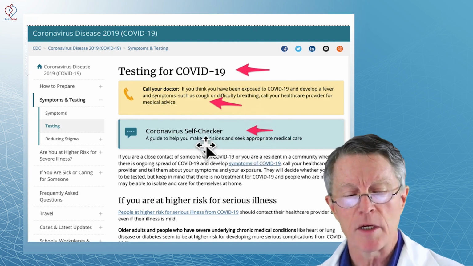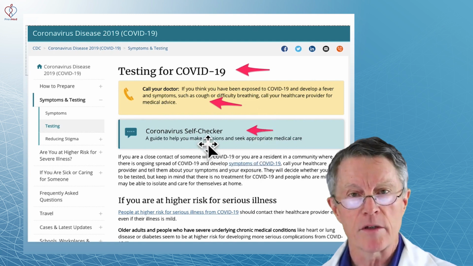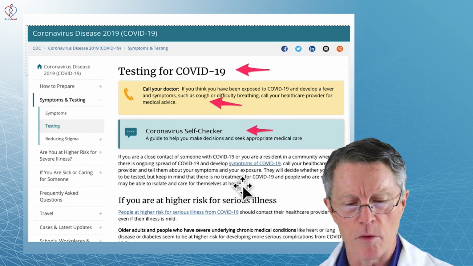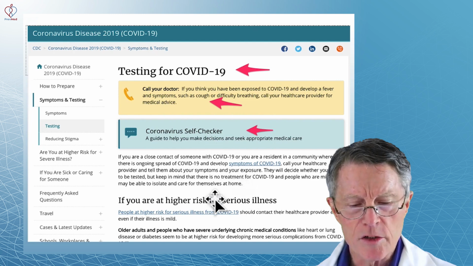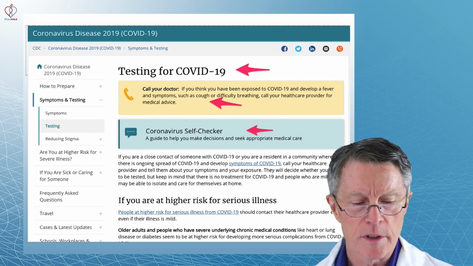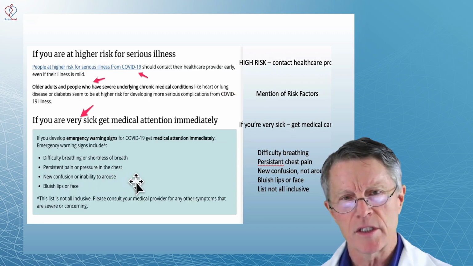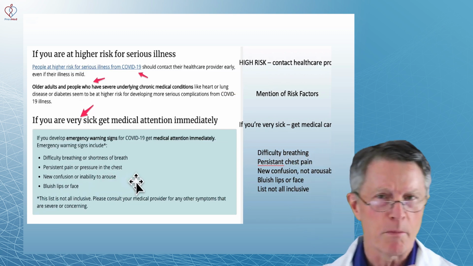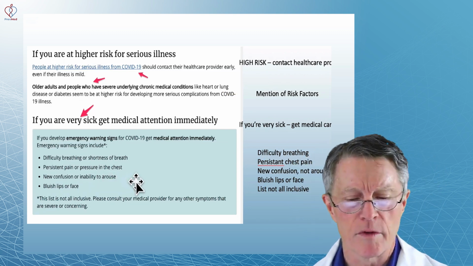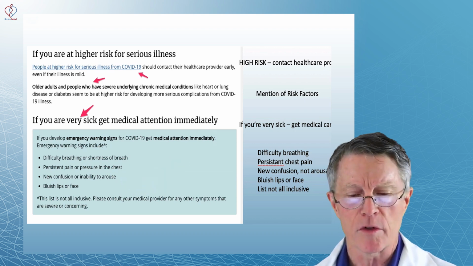And then the next button is the coronavirus self-checker, as I mentioned before. It also goes a little bit deeper into symptoms again. So again, even though you clicked on testing, it puts you back into more of a mode of looking for symptoms.